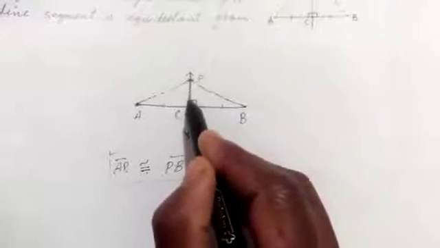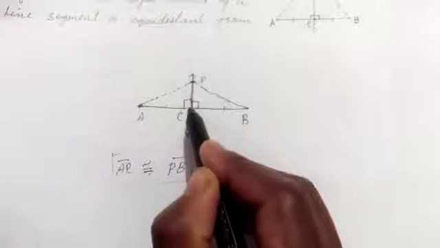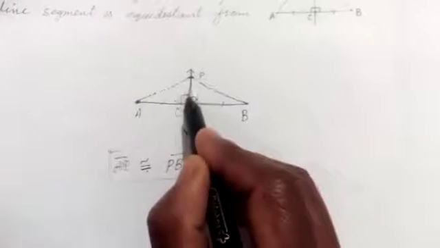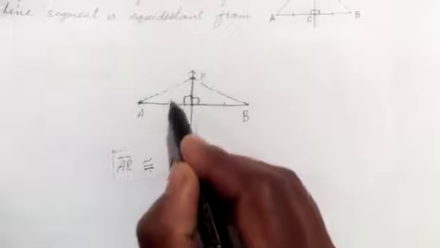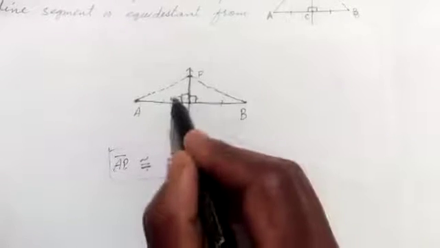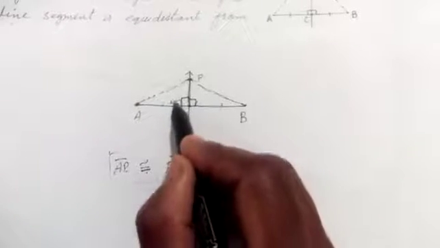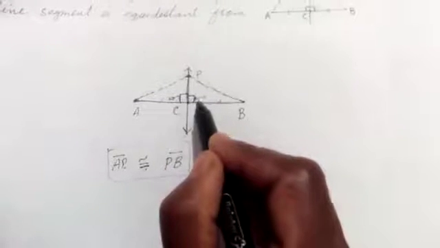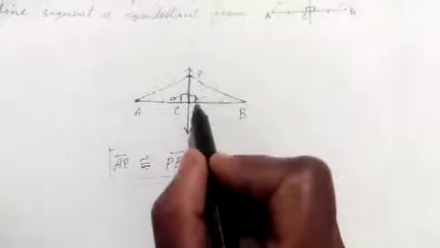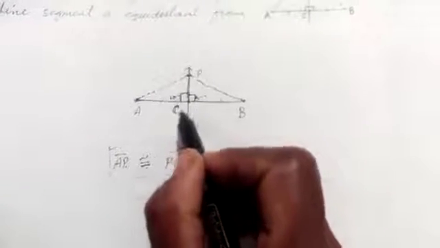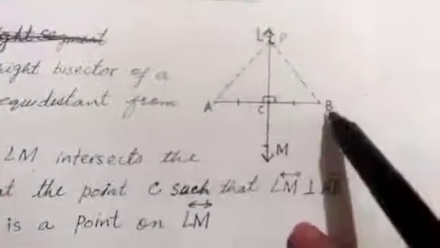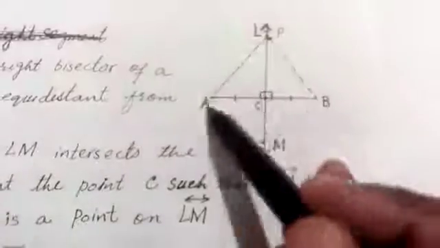And there is a right angle at C on both sides, a right angle of 90 degrees, and this is also a right angle of 90 degrees. So the final diagram will be like this. This is the diagram of theorem number 1 after construction.